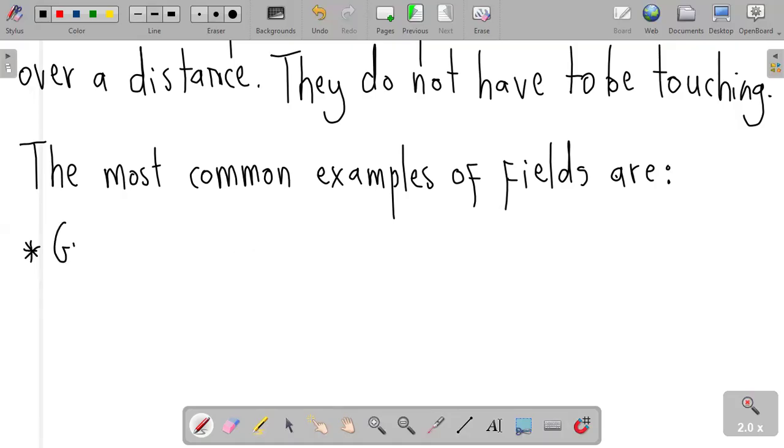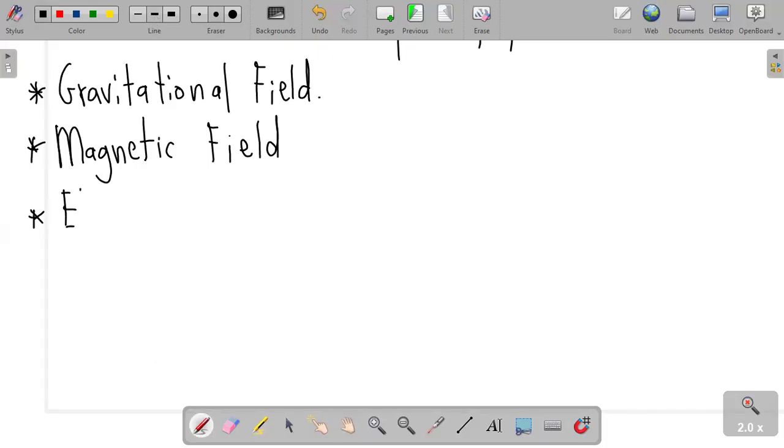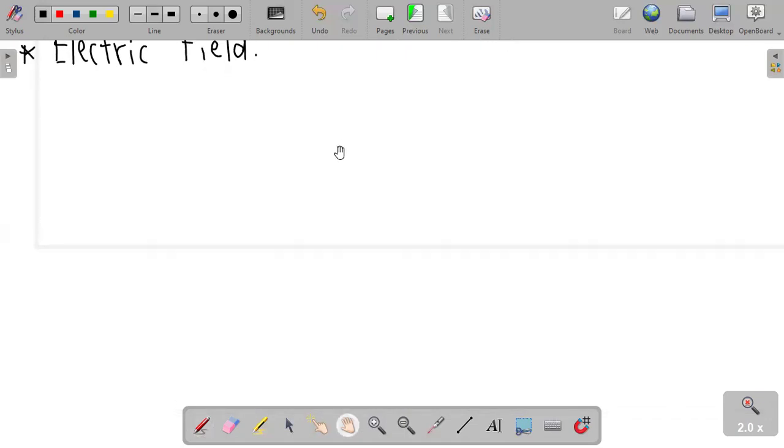The first one is the gravitational field, the magnetic field, and the electric field.